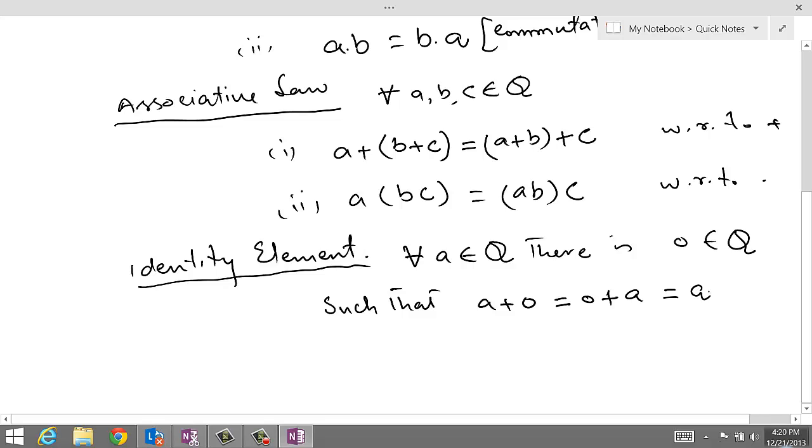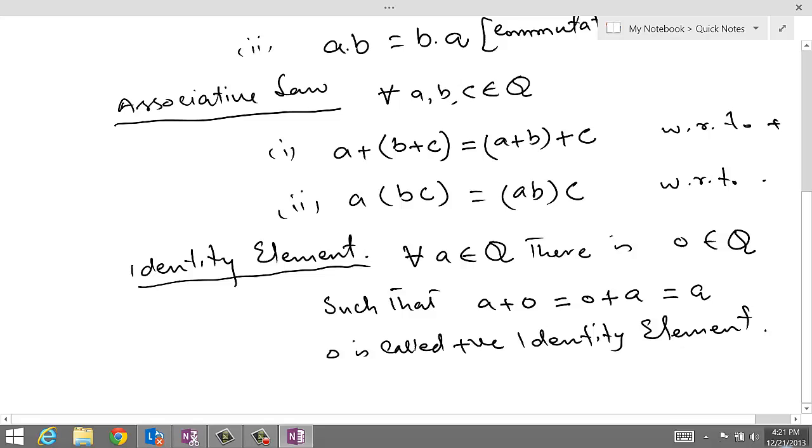Here 0 is called additive identity element.